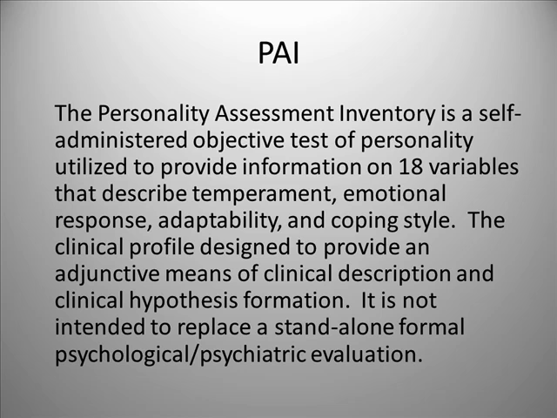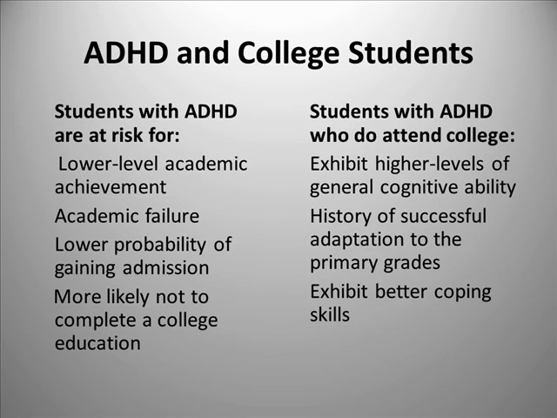Because of the high degree of comorbidity that coexists with LD, ADHD and adjustment problems, especially internalizing problems, when a student has not had a pre-existing psychiatric evaluation, we'll typically do something like an MMPI or a Personality Assessment Inventory to assess for comorbid risk.